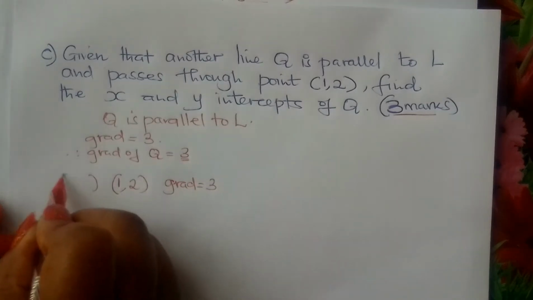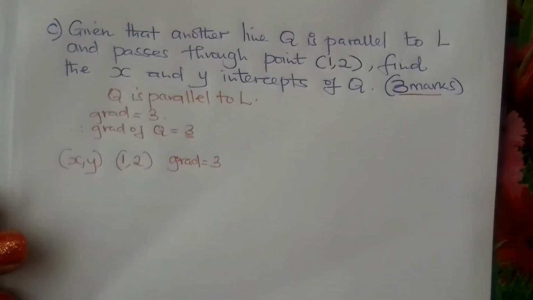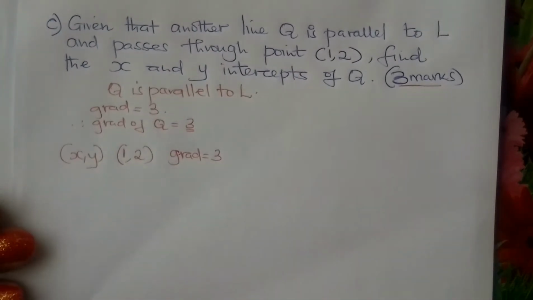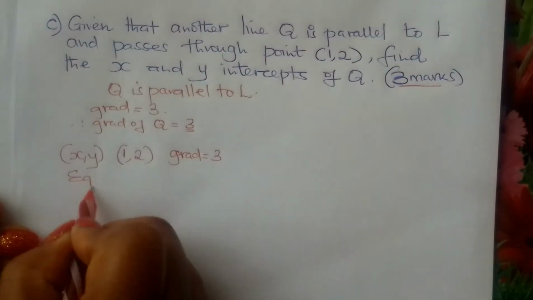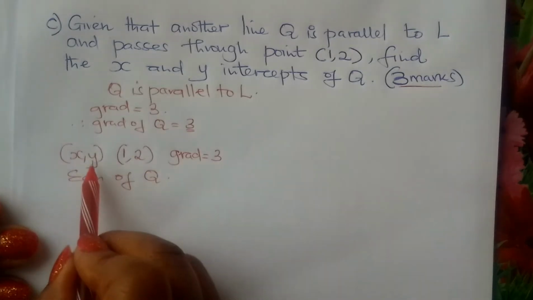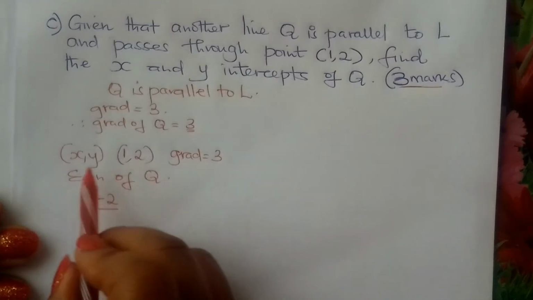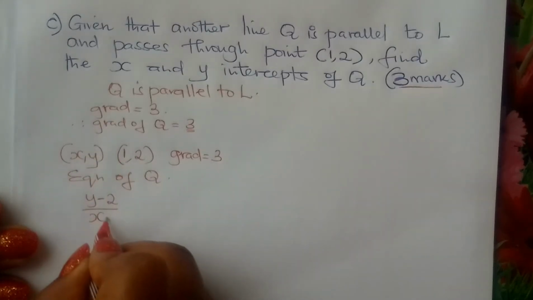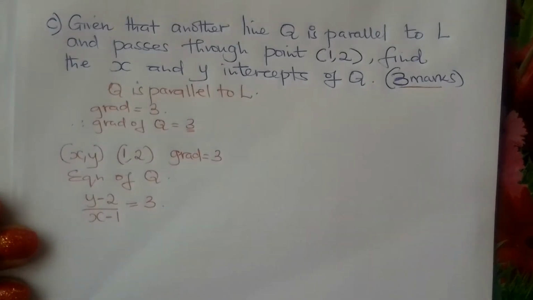We therefore come and introduce point x, y, so that we get the equation of line Q. So from here, equation of line Q, learner, is change in y over change in x, like that, is equal to 3.